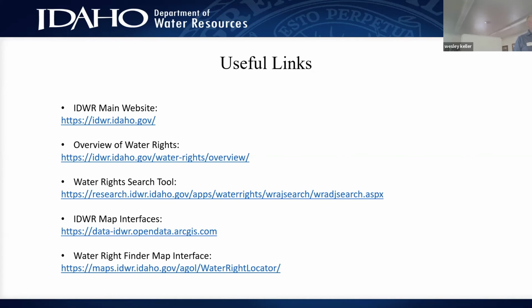So from my understanding, there's 52 CFS still available that people can file on, before they would become subordinate to that minimum stream flow right.